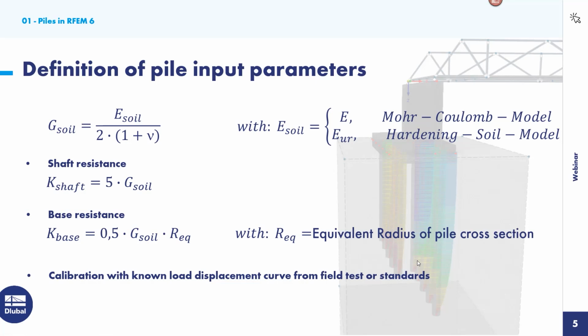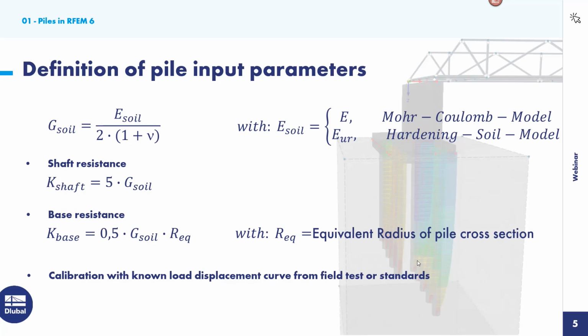You can take the E modulus from the surrounding soil. This means for a Mohr-Coulomb model, you would take the primary loading E modulus, and if it is the hardening soil model, you would use the unloading and reloading E modulus, EUR.